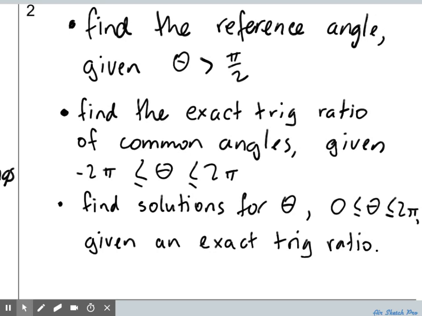Three more. Find the reference angle, given that theta is greater than pi on 2. Pi on 2, what's that again? 90 degrees. I am deliberately, even though it might mean a little bit of a cognitive overload to start with, using radian measure as much as I can.